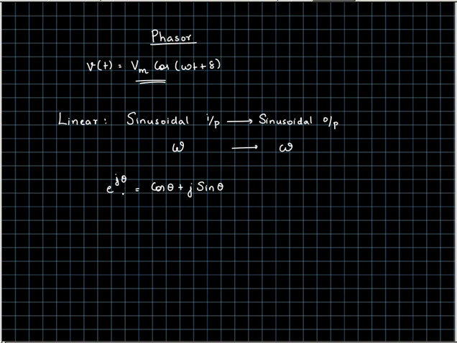The term e^(jθ) is called a complex exponential, and it has the property that its magnitude is always unity, because cos²θ + sin²θ is always 1, and the angle is the same as the angle θ. So, in polar form, this can be represented as 1∠θ.